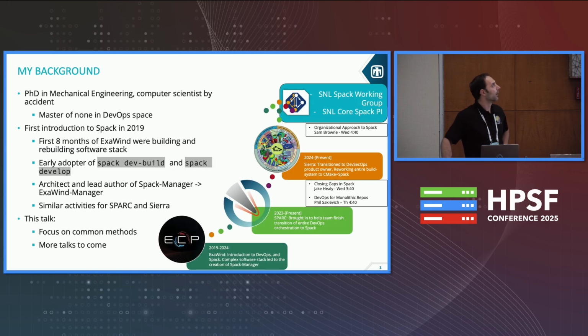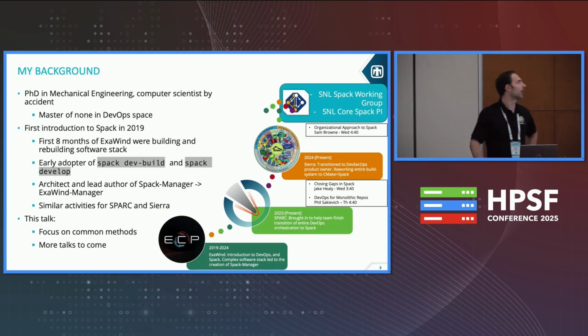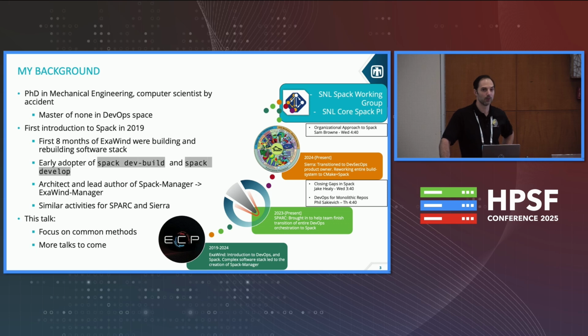OK, so who am I? A lot of times I joke around that I'm a computer scientist by accident. I studied mechanical engineering. I didn't learn how to write a for loop until I was like 22 or something like that. And in general, in this DevOps space that I now find myself in, and this space of HPC, I admit I am a master of none.